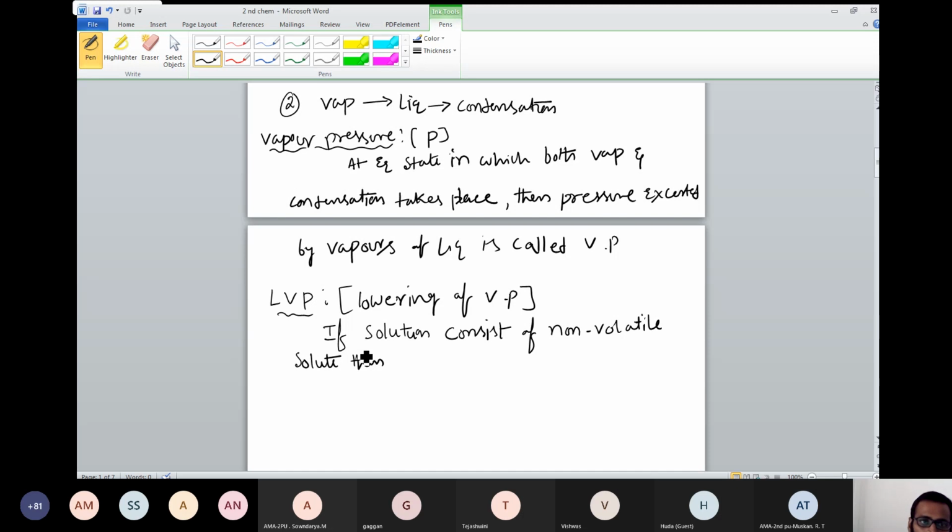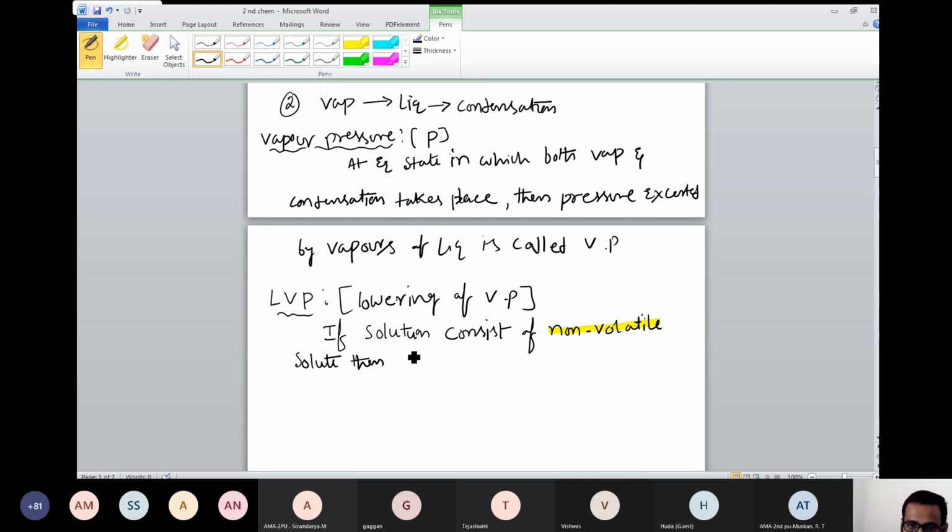Why? What is the meaning of non-volatile? Non-volatile means which cannot be vaporized. You write down those kinds of words, okay?